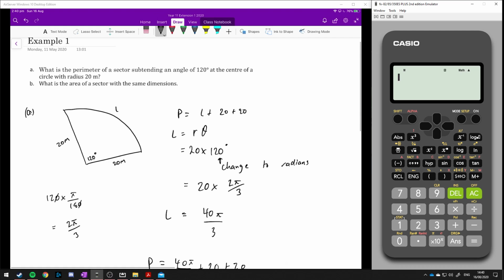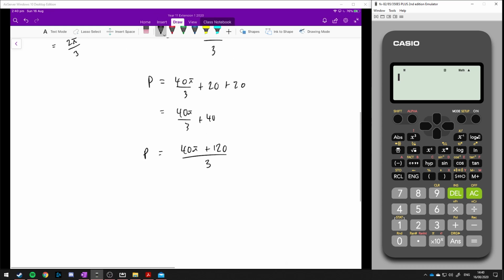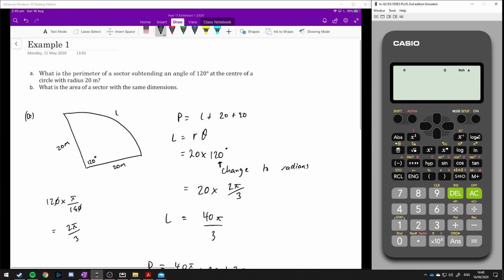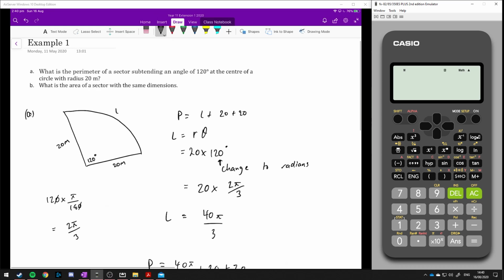Now, part B said, what is the area of the sector with the same dimensions? So part B is a sector now. The area of a sector is half the angle, and remember the angle is in radians, times r squared.